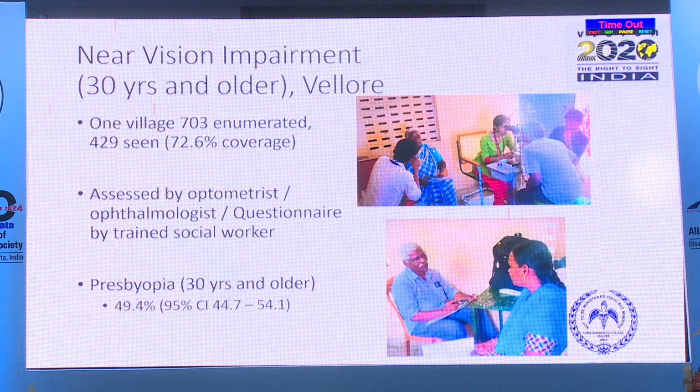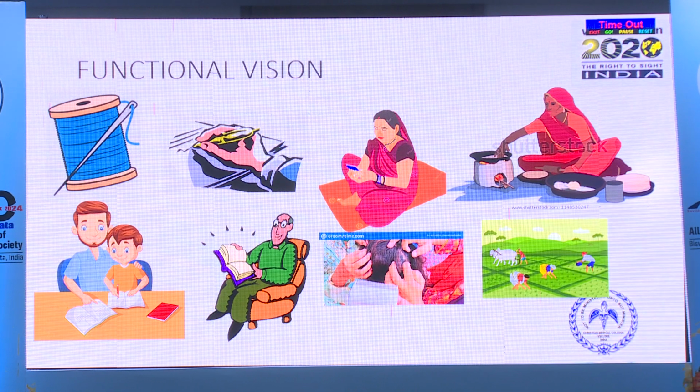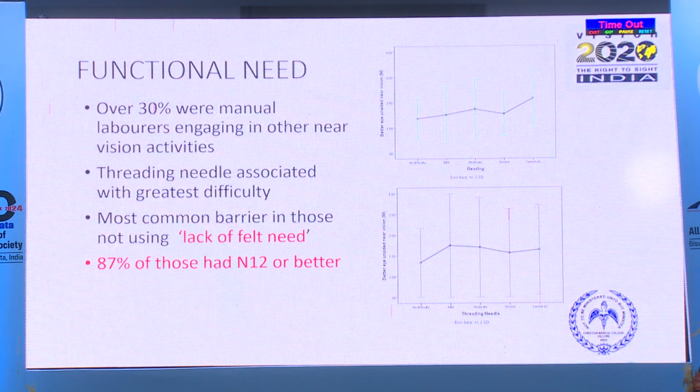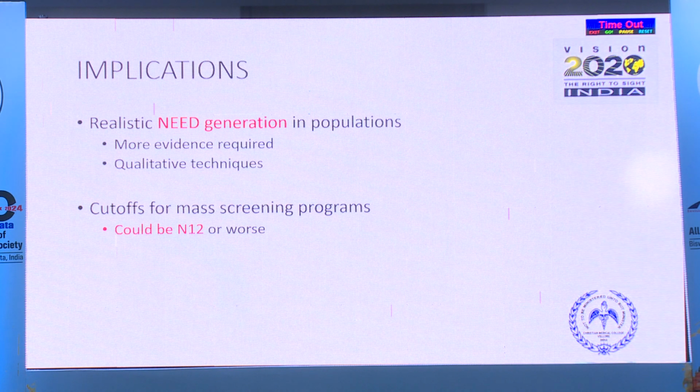This led us to do a study in Vellore where we looked at presbyopia, and about 50% prevalence. And for their usual activities, it was seen that most of them who said they had a lack of felt need had a visual acuity of N12 or better. This may mean that demand generation be done with evidence, and maybe N12 can be the new cutoff if that is what it takes.